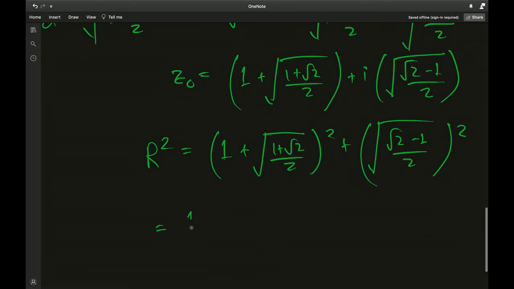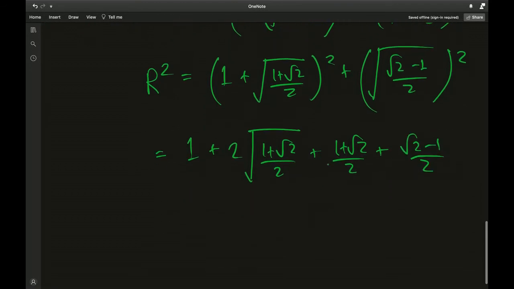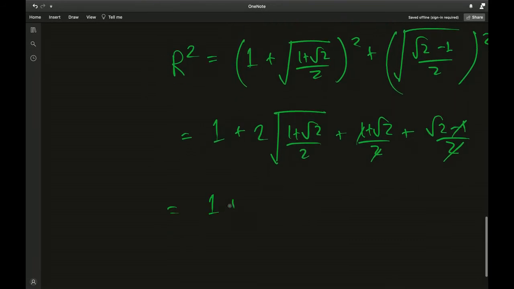So over here we have 1 plus 2 times square root of (1 plus square root 2) over 2, plus (1 plus square root 2) over 2, plus (square root 2 minus 1) over 2. So this 1/2 cancels out with this negative 1/2. We have 1 plus square root 2 times square root of (1 plus square root 2), because there is a slight cancellation going on, plus square root of 2.